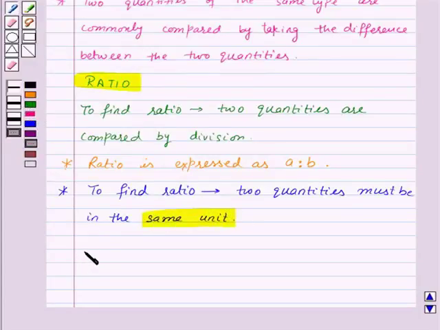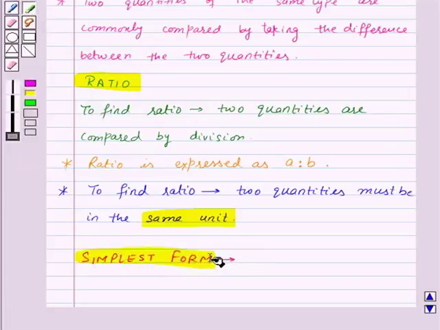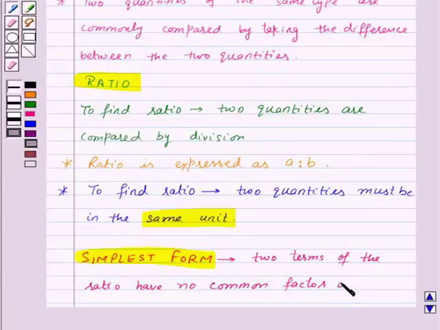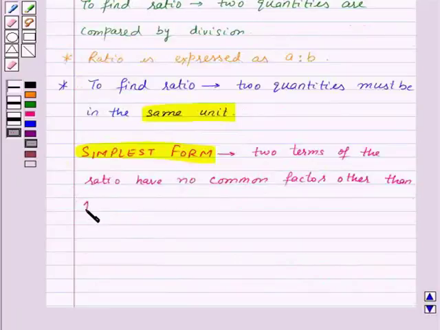Now, let us study the simplest form of the ratio. A ratio is said to be in the simplest form when the two terms of the ratio have no common factor other than 1.